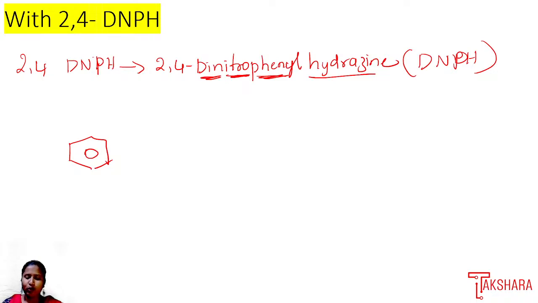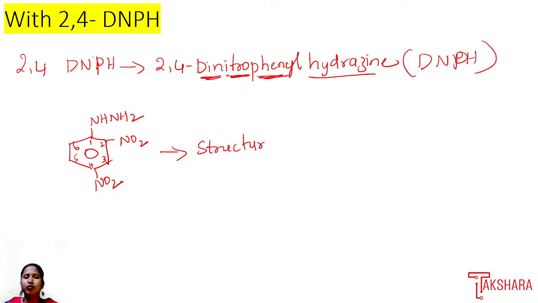So 2,4-dinitro we have, and here we have NH2. This is phenyl hydrazine. Taking the first place, second, third, fourth, fifth and sixth, at the second position an NO2 group and at the fourth position an NO2 group is present. So this is the structure of 2,4-DNPH.